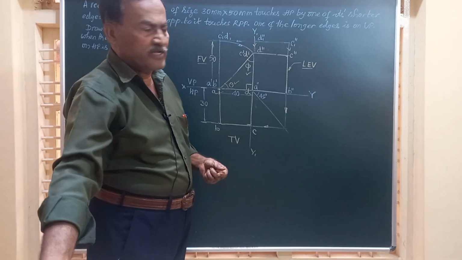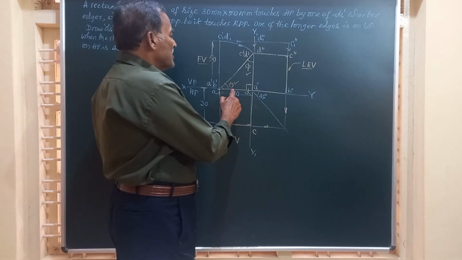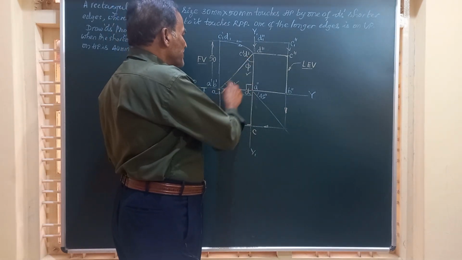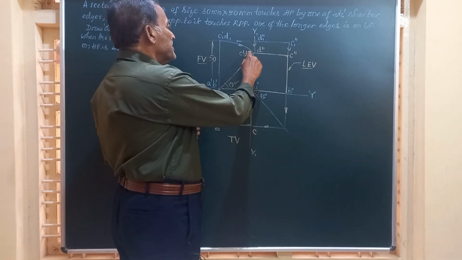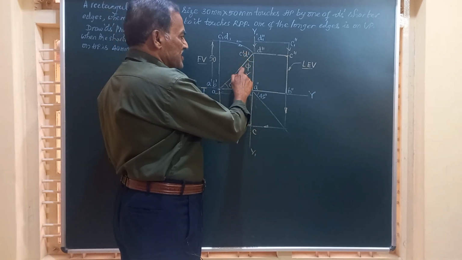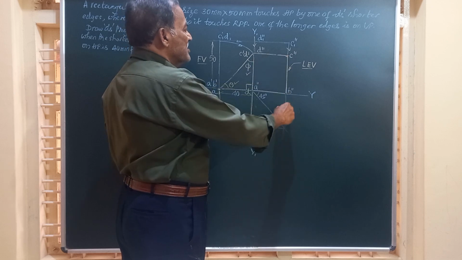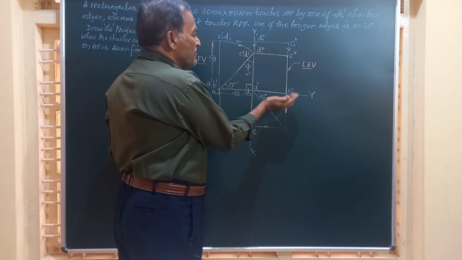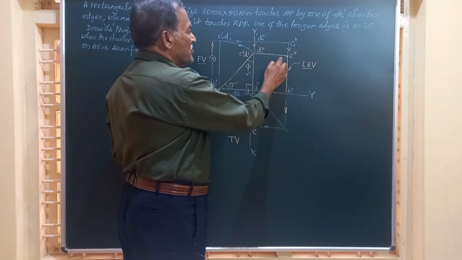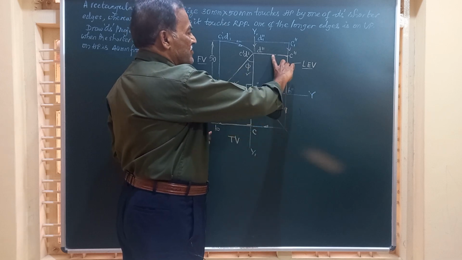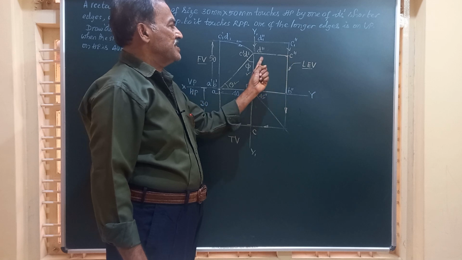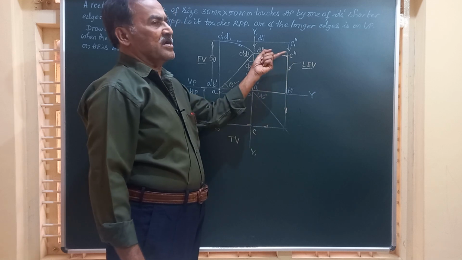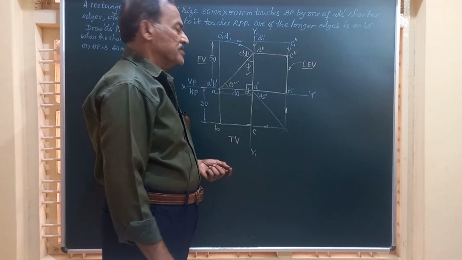And friends, you are able to find out the angle made by the surface of the lamina with HP, that is theta, the angle made by the surface with VP, that is phi, and the distance of CD from HP can also be measured. This height will give you the distance of the end CD from the horizontal plane.